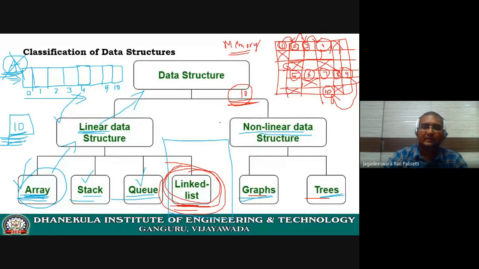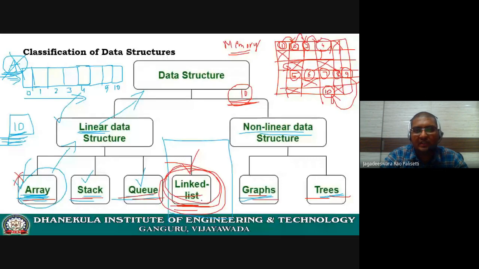So this linked list will act as both linear and non-linear. At the time of storing the data, it will act as non-linear. At the time of accessing the data, it may feel like a linear data structure. Here every data structure is one unit now. In our syllabus, maybe array is not considered as a unit. Stack is maybe one unit.